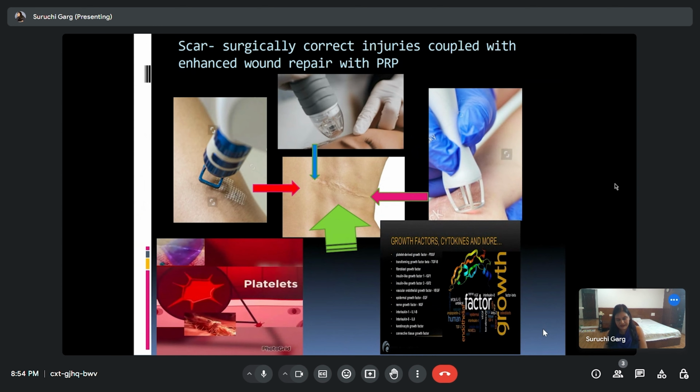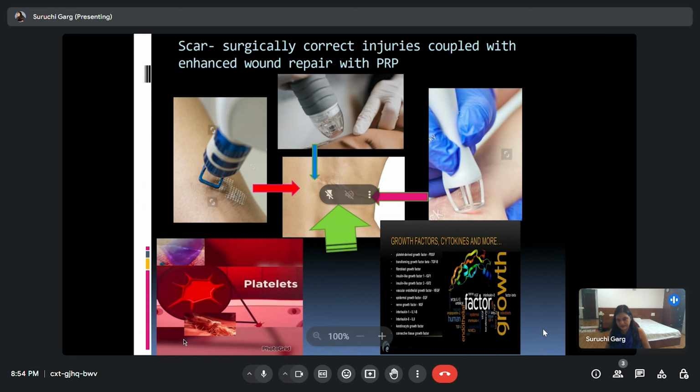Whenever we have a scar, we can either ablate it with erbium YAG laser or CO2 laser on the surface, or we can use a microneedling radio frequency machine to ablate the deeper layers of the scar.